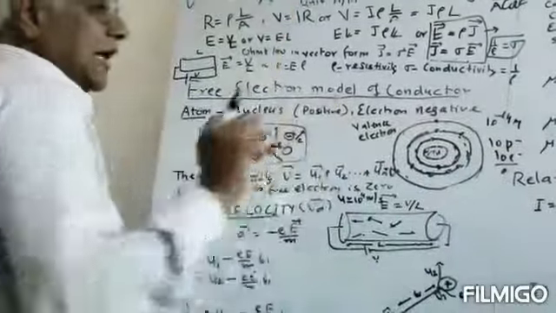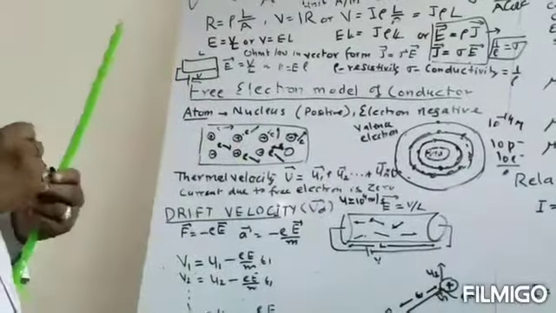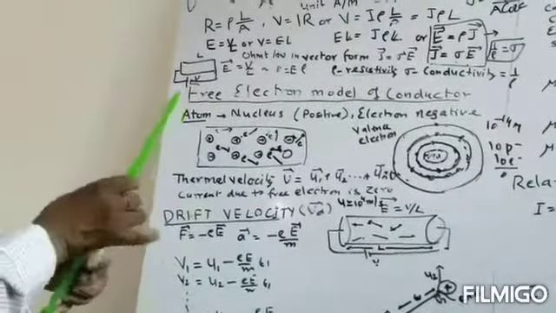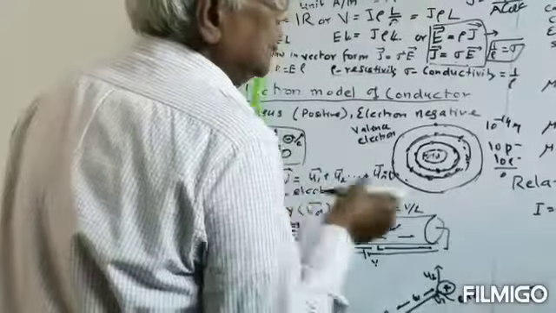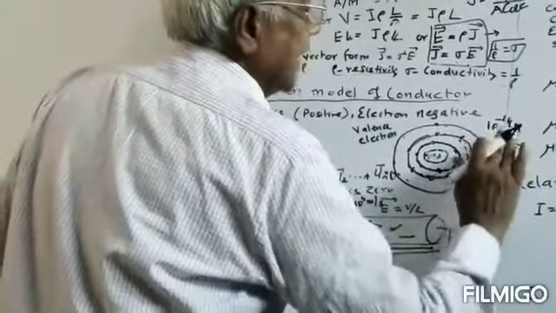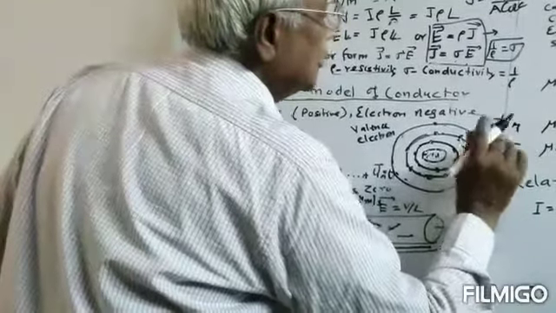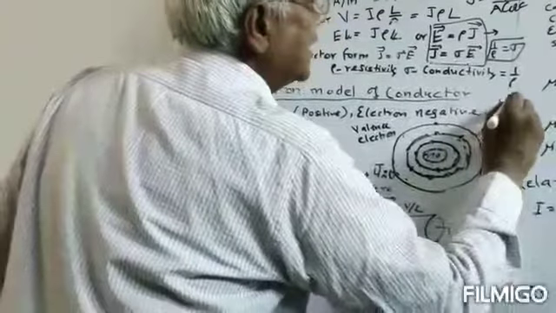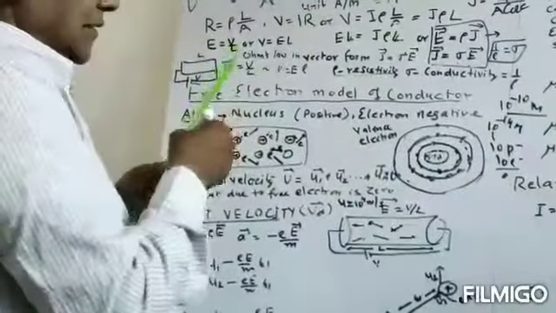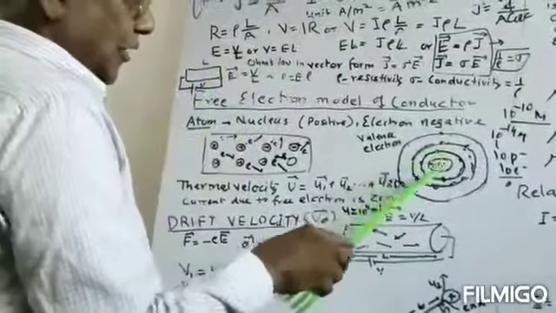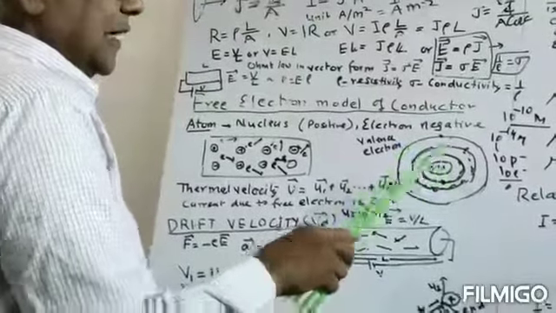So the total charge of the sodium atom will be 0. Now the size of the atom is very large in comparison to the nucleus, and the size of the atom is 10 raised to minus 10 meter.